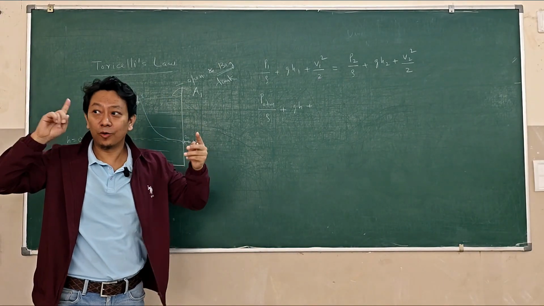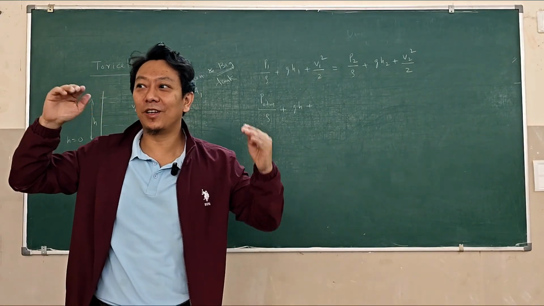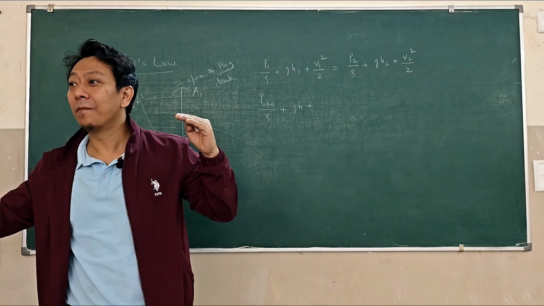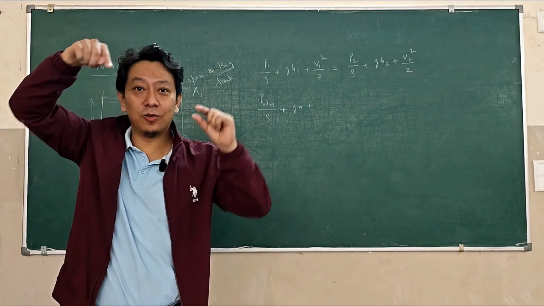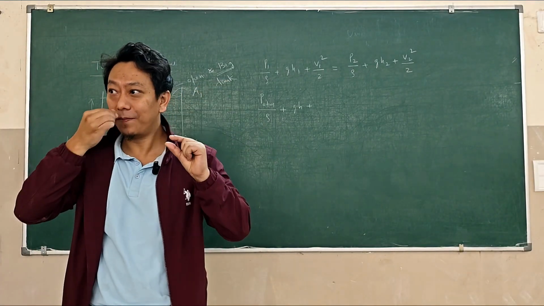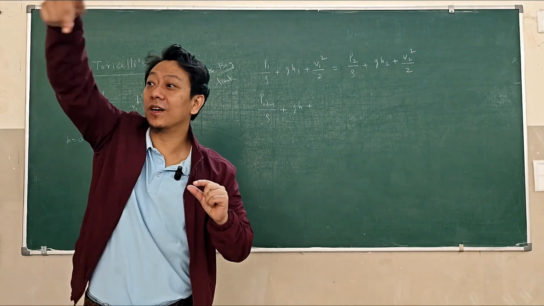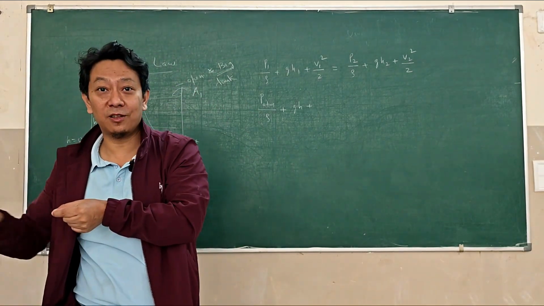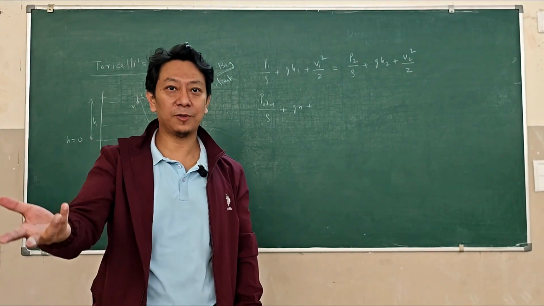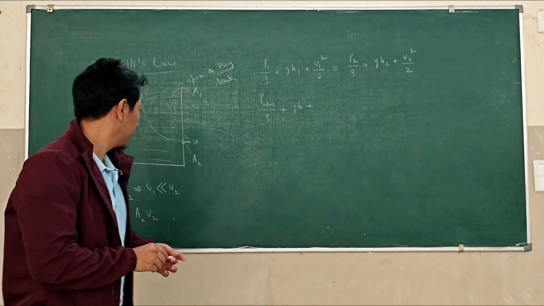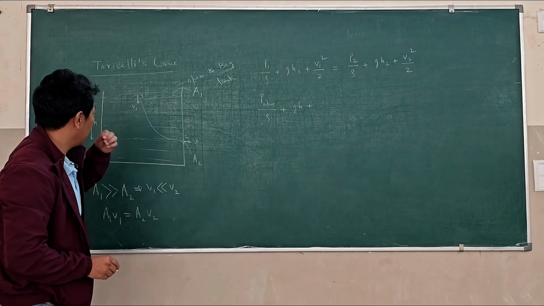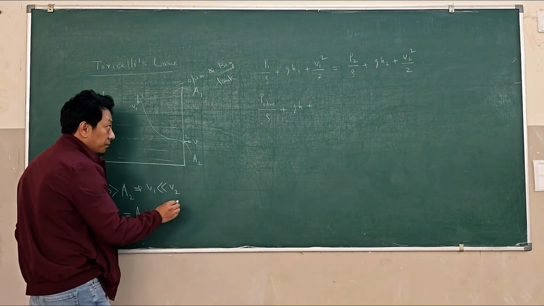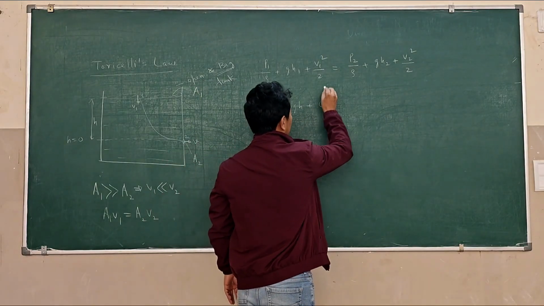Expected also, because what we learned in the equation of continuity, volume coming in should equal volume going out. Now volume is area into distance covered. Here the area is too big, so the distance covered will be very small, whereas here it will be very large, the velocity, which is nothing but displacement per unit time. So here velocity is very high, here velocity will be very low. That means V1 can be neglected.